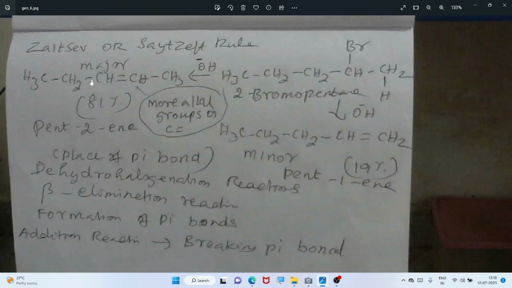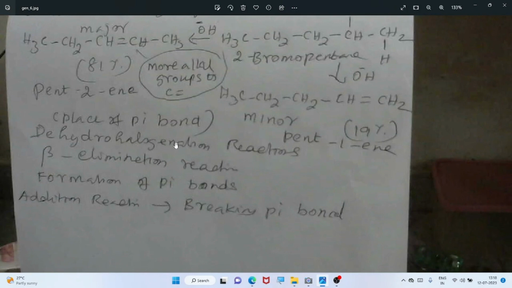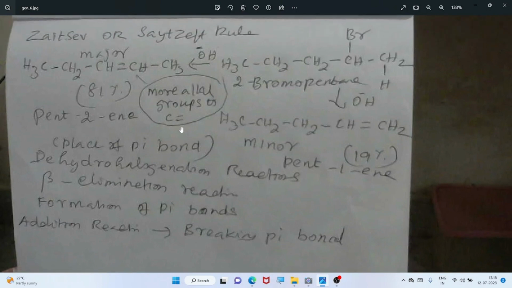So this is the major product, and most of the time this will occur. This is generally a dehydrohalogenation reaction, or beta elimination reaction: formation of the double bond. In an addition reaction, the pi bond, that is the double bond, will be broken, but in this reaction a double bond is formed.